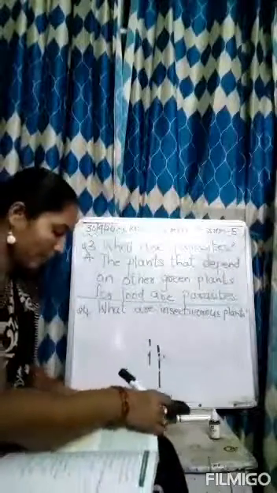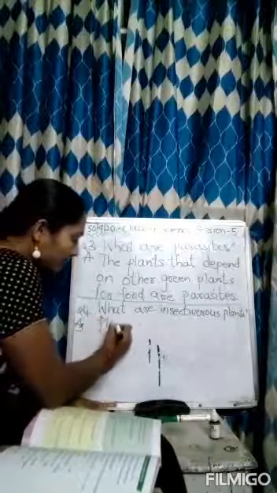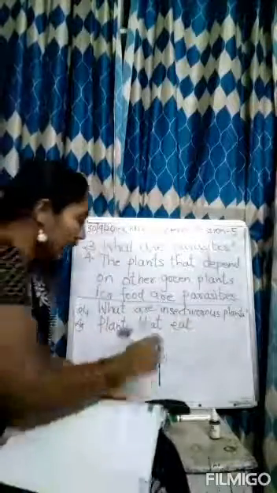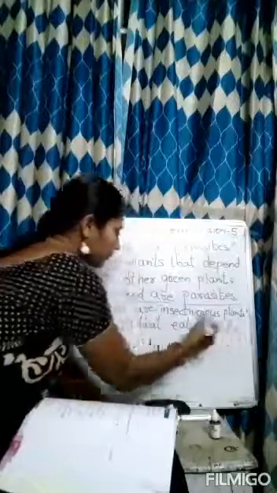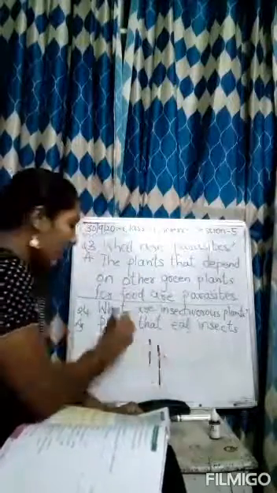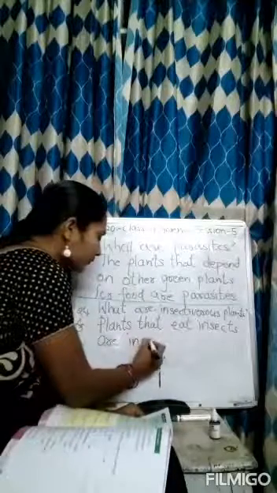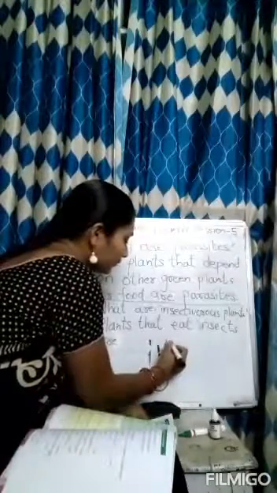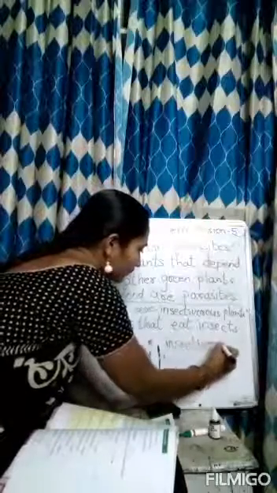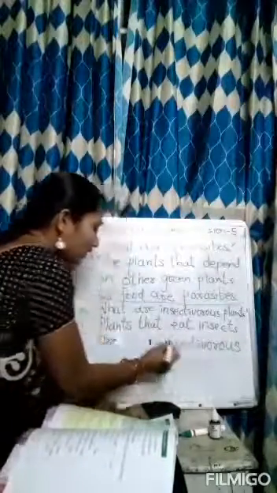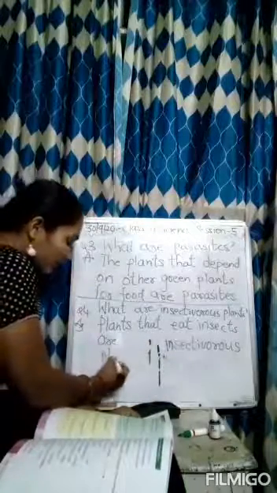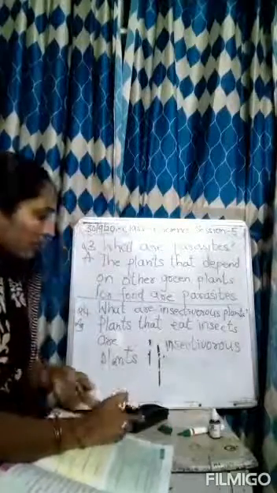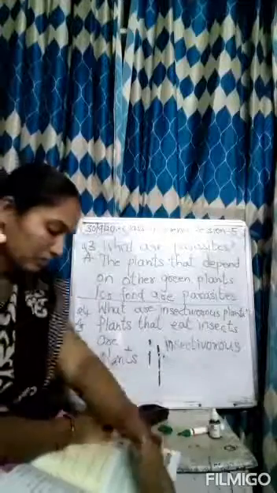Now the answer is: plants that eat insects are insectivorous plants.